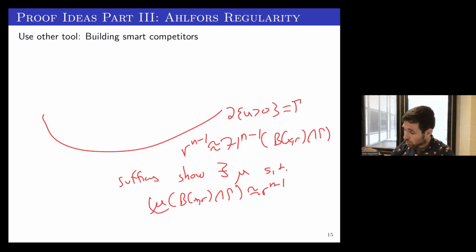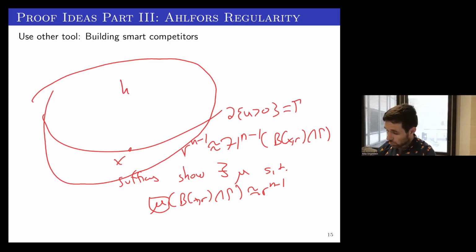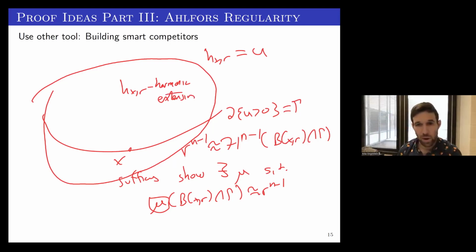And so what is this measure going to be? Well, inside this ball centered at x of radius r, I'm going to define a competitor, h_{x,r}. h_{x,r} is going to be equal to my function u outside of the ball, and then is going to be the harmonic extension on the inside of the ball.